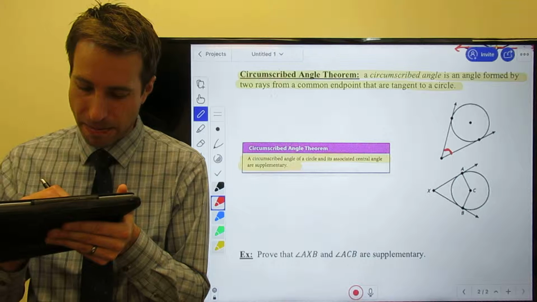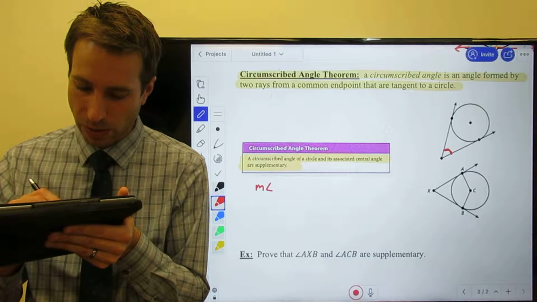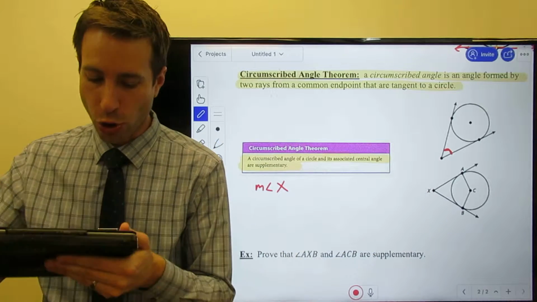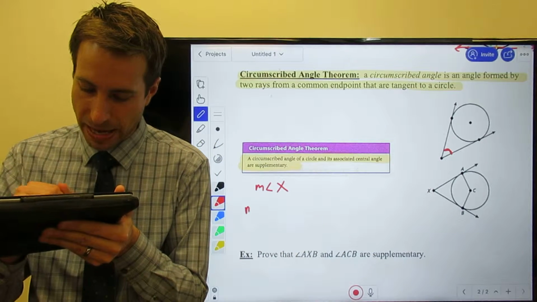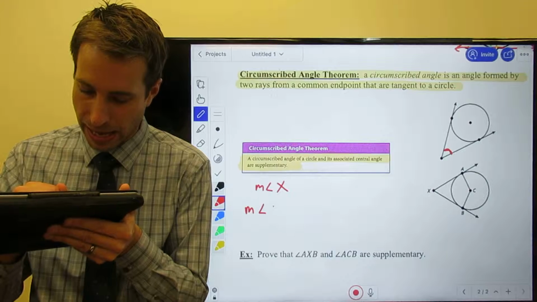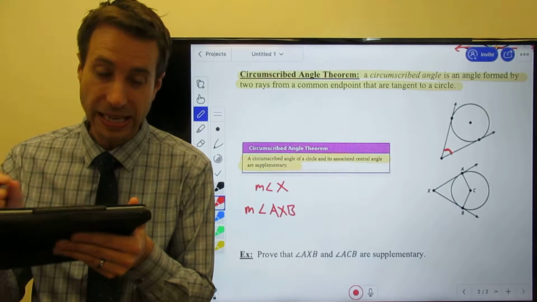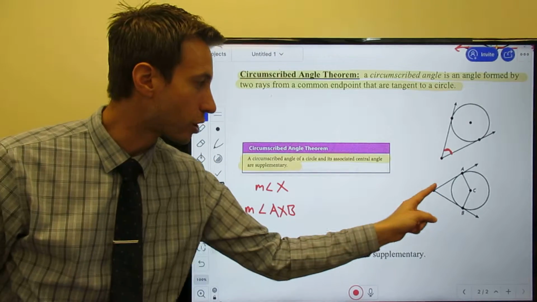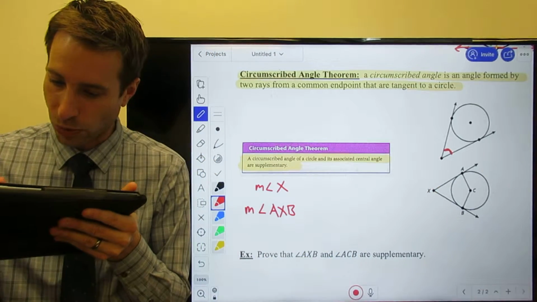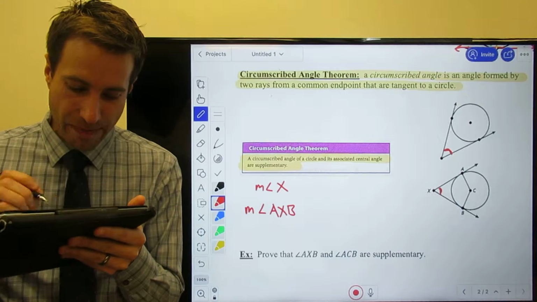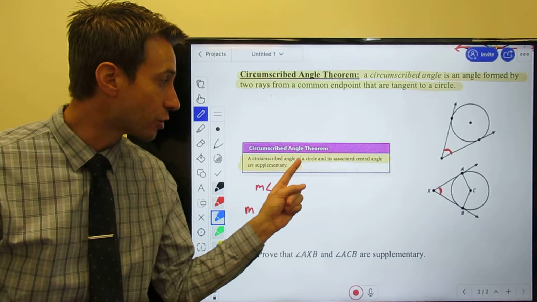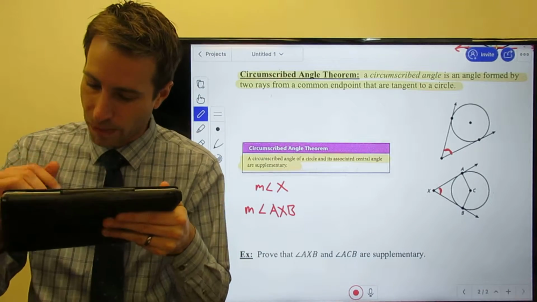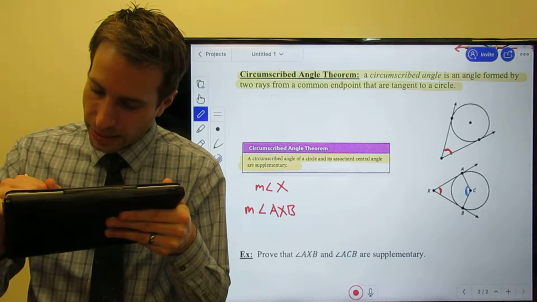Here's what it says. It says that the measure of angle X, this guy right here, my circumscribed angle, you could also write that as the measure of angle AXB, right? Whatever, it's that angle. Or just call it angle X. Then it says that the measure of the circumscribed angle and its associated central angle, well, that's this guy right here, the central angle.